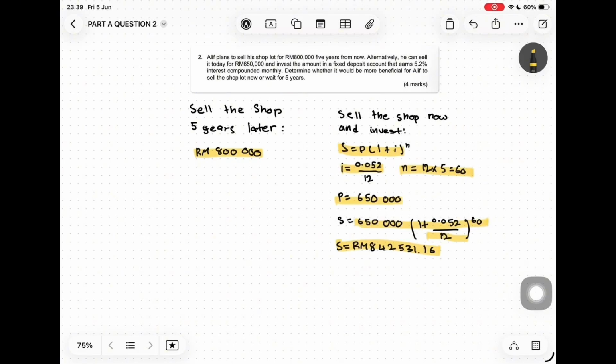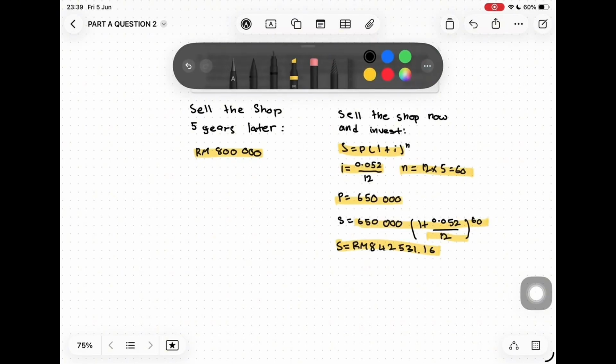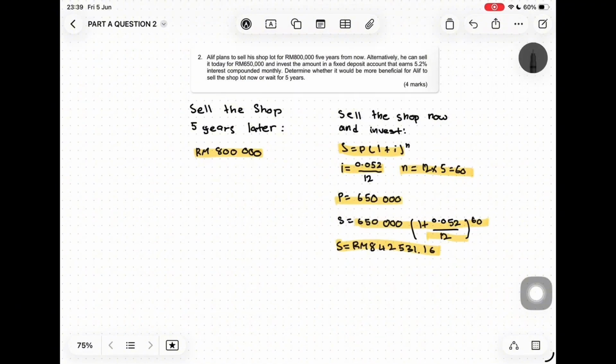This means the option that gives the most money at the end of the 5 years is to sell the shop now and invest it in a fixed deposit account, because Alif will earn more money compared to if he sells the shop 5 years later. That's all from me. Thank you.